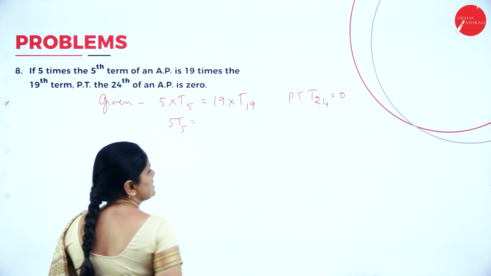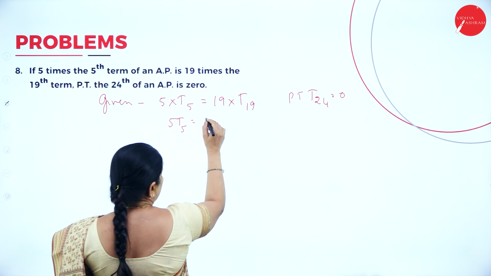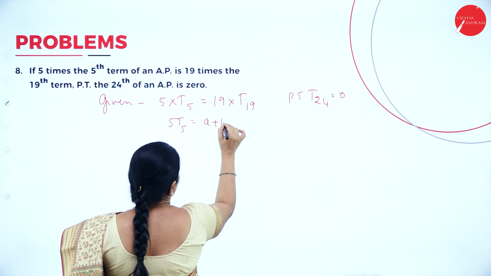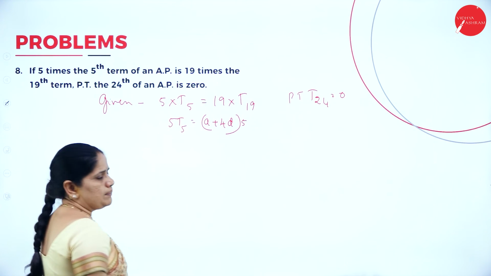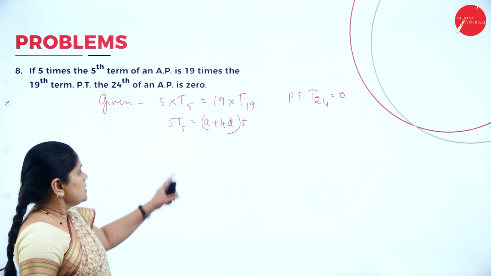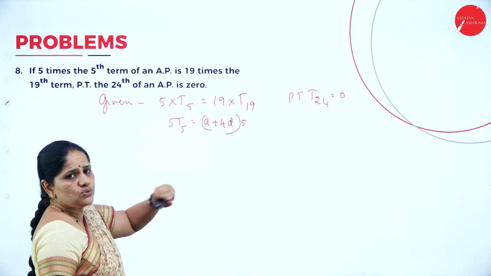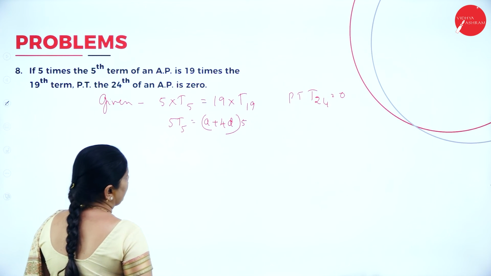So 5T5 equals, so what is the T5 formula? Tn formula we have to use. So this will be (A plus 4D) into 5. Tn formula I am using here: A plus (n minus 1) into D. So (A plus 4D) into 5.